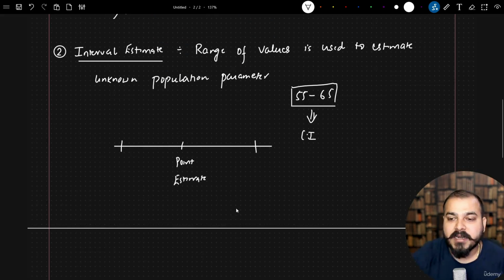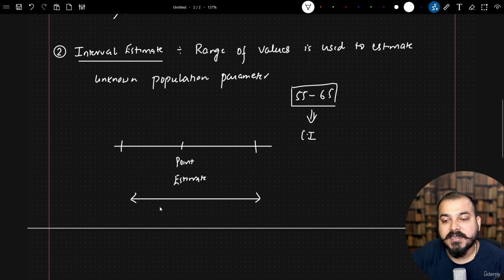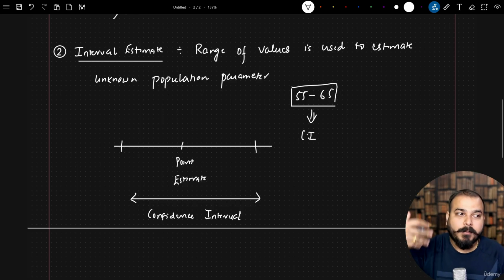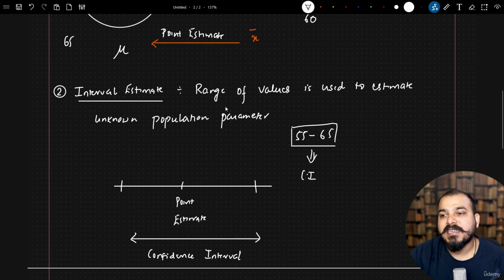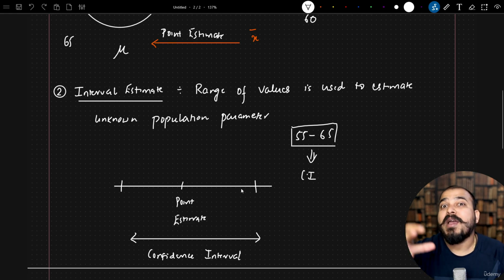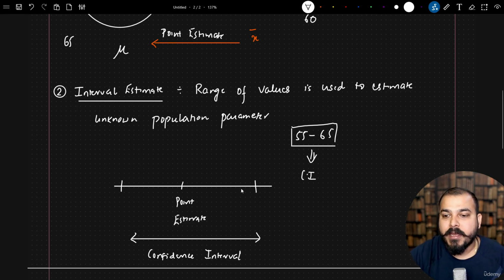We'll discuss more about confidence intervals in the upcoming session, but understand that an interval estimate says we are specifying a range of values to estimate the unknown population parameter. So this range will be used to estimate the population parameter. We can say that the mean may be ranging between 55 and 65.